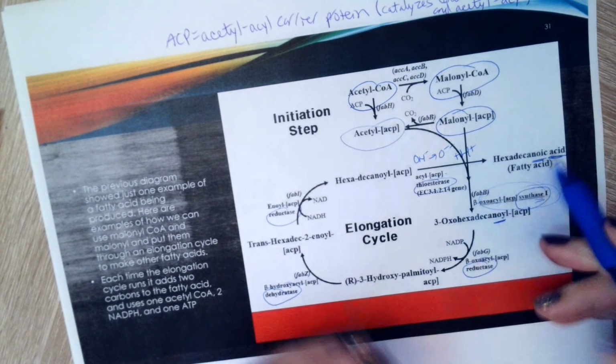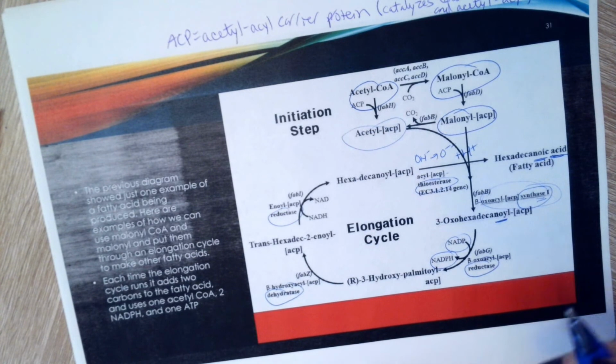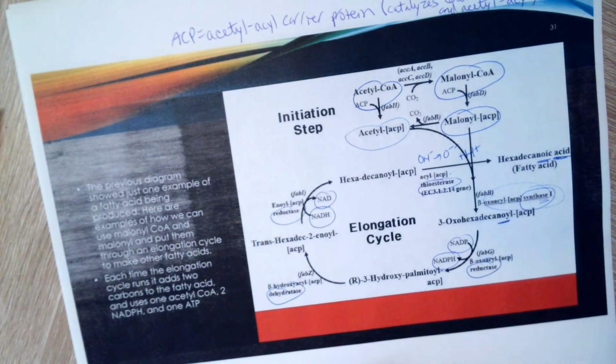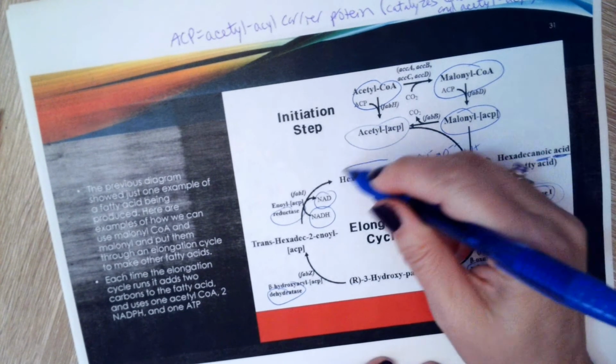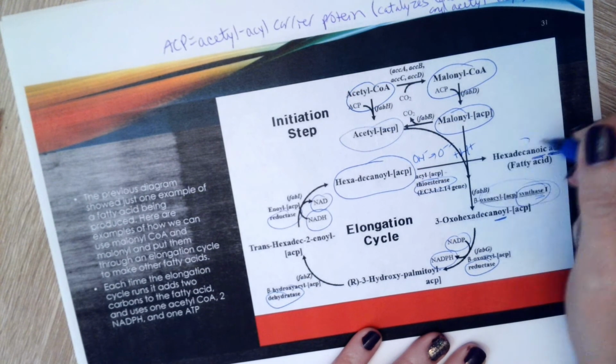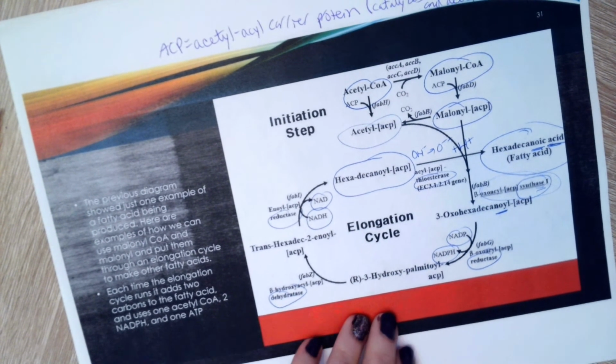So you can see that we have NADPH and NADP involved in this process, NADH and NAD involved as we were creating this particular, sorry, that's not the end result. Our end result is over here, this particular fatty acid. So it's just showing one very specific elongation cycle.